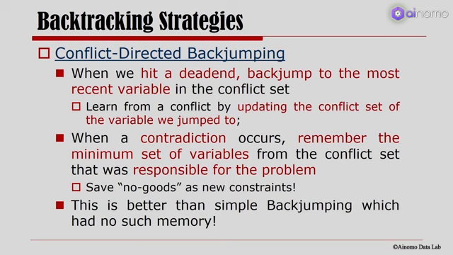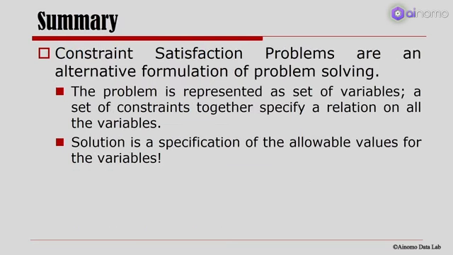So to conclude, we looked at constraint satisfaction problems, which are an alternate formulation of problem solving. Each problem is represented as a set of variables and a set of constraints, which together specify a relation on all the variables.